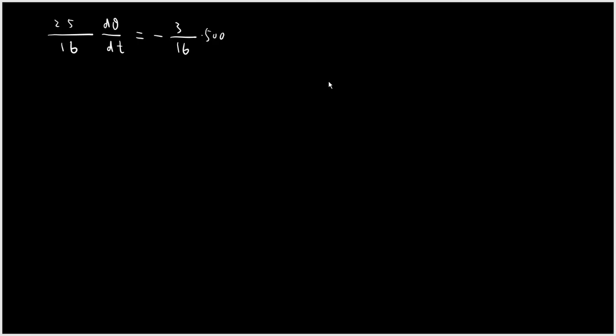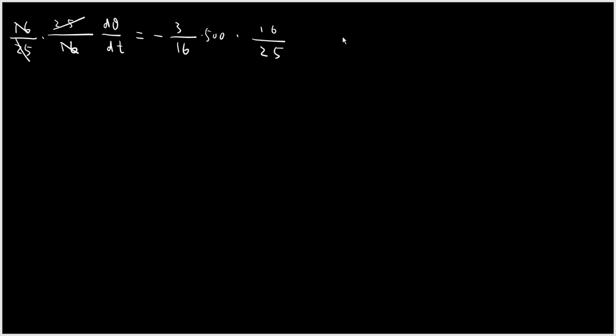From this equation, it's easy to solve for the rate of change of theta. Now all we need is to multiply two sides of the equation by 16 over 25. We multiply the left hand side and the right hand side by 16 over 25. You see 16 and 16 are cancelled, 25 and 25 are cancelled.